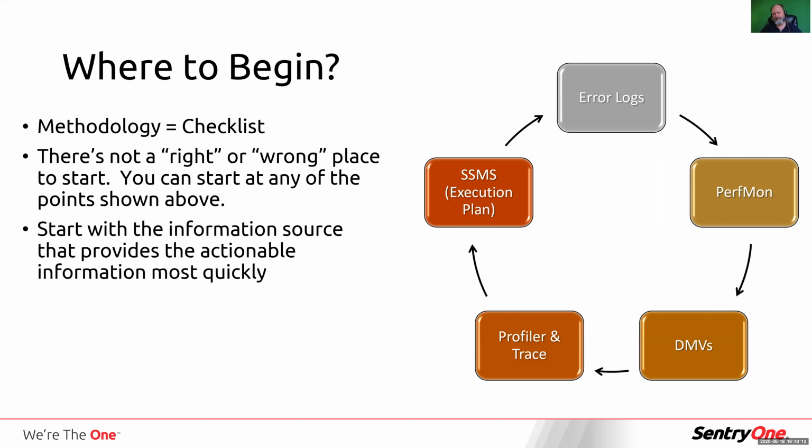The problem is that much of this information is either, A, not actionable, meaning it doesn't move us forward to finding exactly what that root cause is, and maybe it opens more questions than answers. And then the second point is, does it actually give us information that we can act upon?